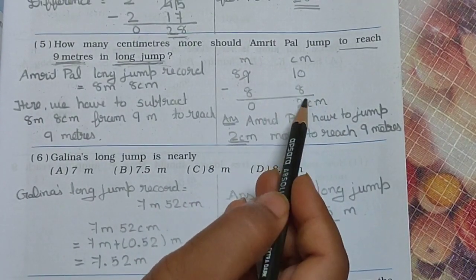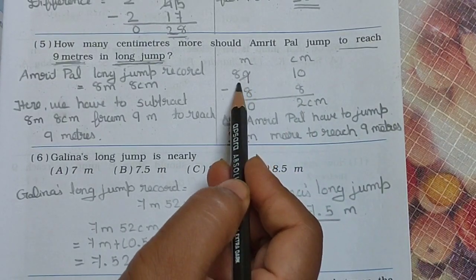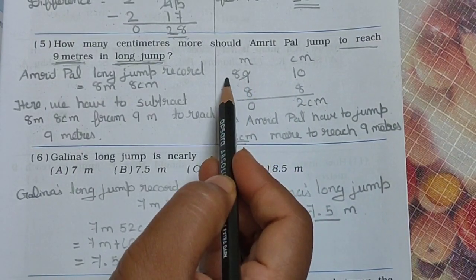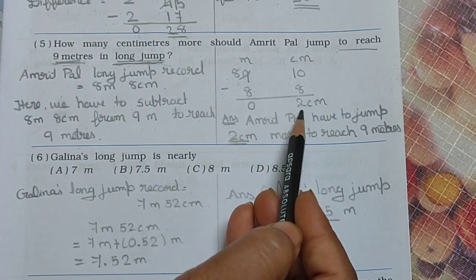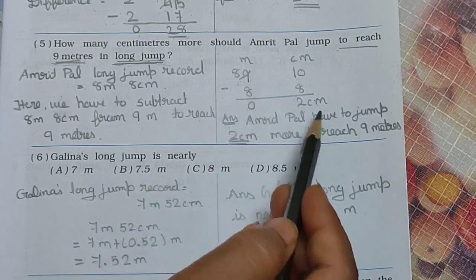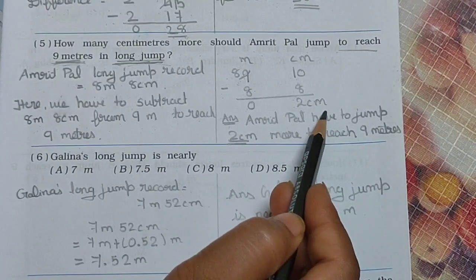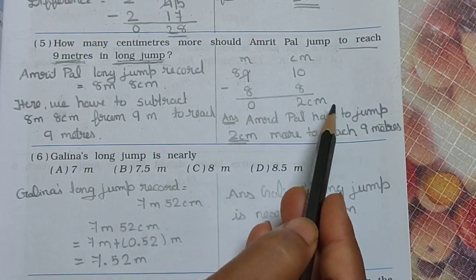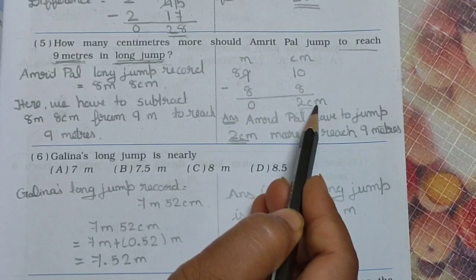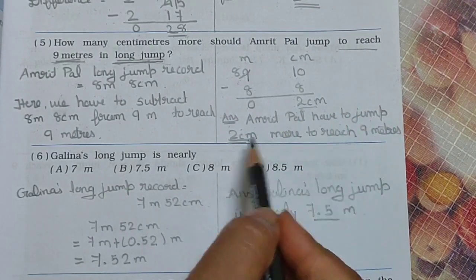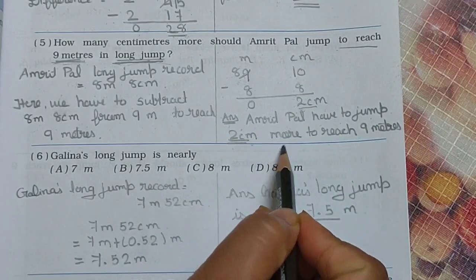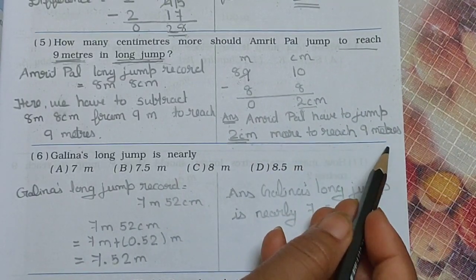Now 0 minus 8 is not possible, so we have to borrow from this 9. So 8 remains here and here comes 10. 10 minus 8, 2. And 8 minus 8, 0. In centimeters it remains 2. Now see, your answer is 2 centimeters. So write down in the answer, Amrit Pal has to jump 2 centimeter more to reach 9 meters.